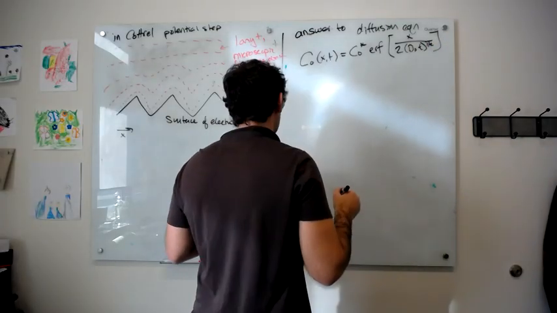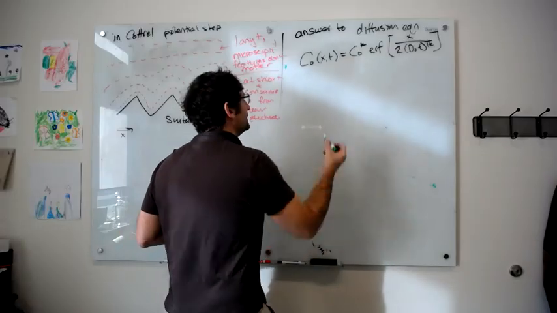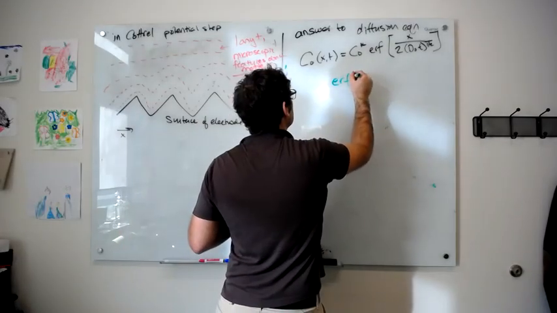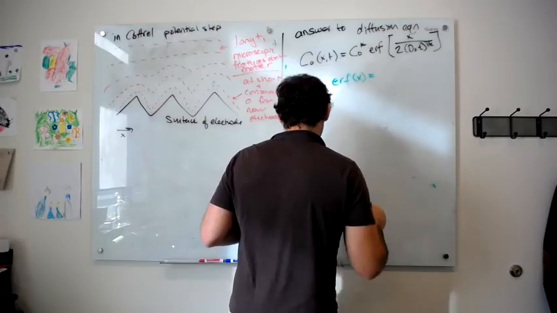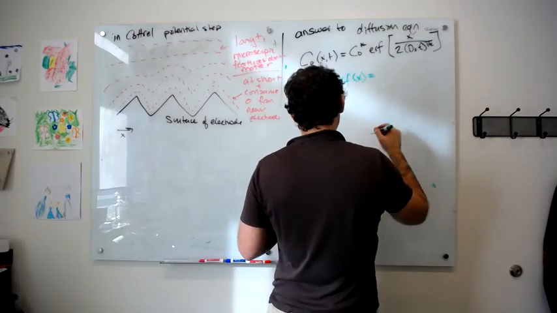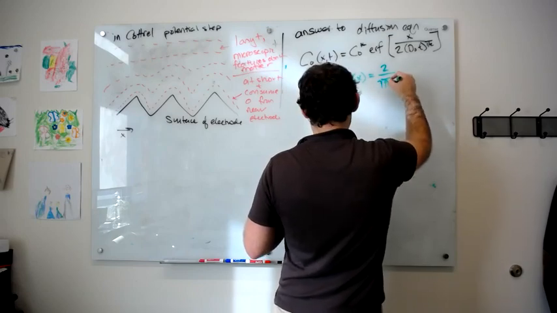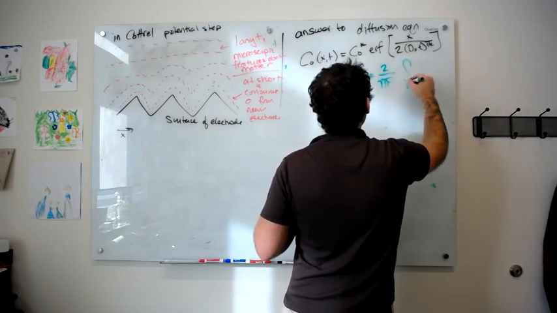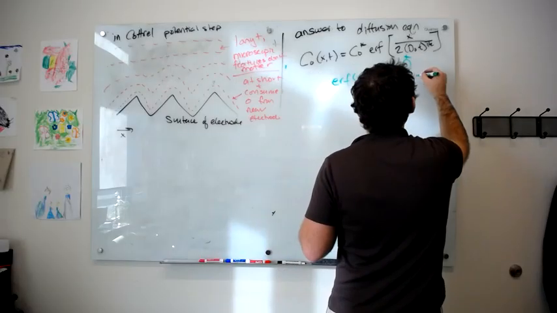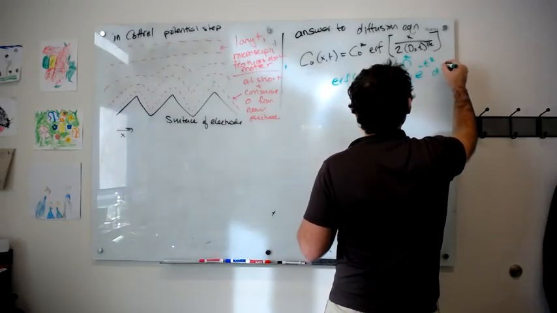Okay, so what is the error function? Well, the error function is defined as follows. The error function of x, where x is a variable, is defined by 2 over the square root of pi, times the integral from 0 to x of e to the negative t squared dt.